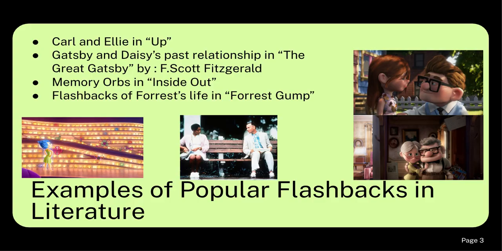Another example of this would be the memory orbs in Inside Out. These are one of the main points of the movie because it follows the five emotions of anger, joy, sadness, fear, and disgust, and also Riley, the main character, whose brain these emotions are inside of. The memory orbs correlate to the five emotions and hold different memories from the character.